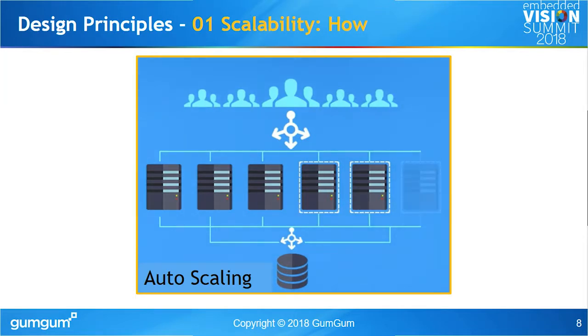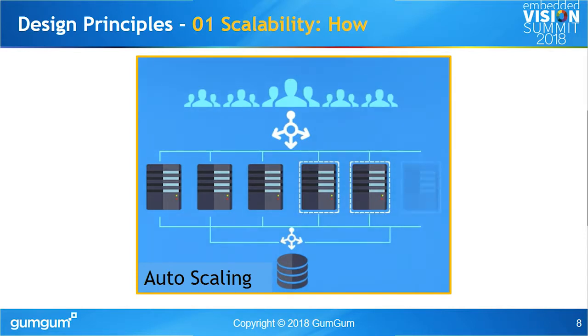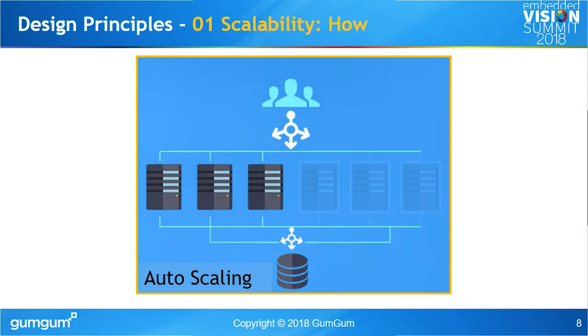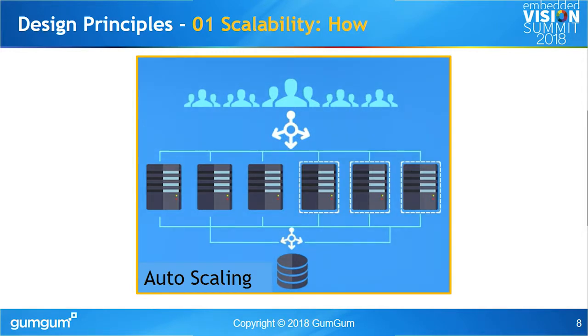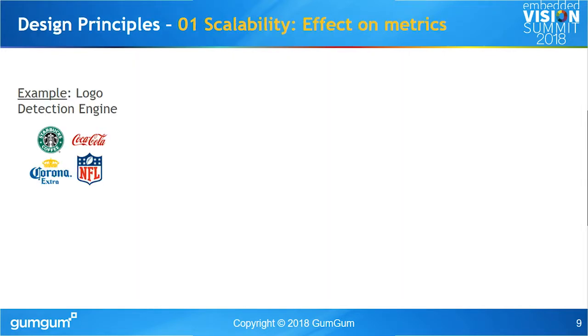Now, before we move on to the next design principle, I'd like to quickly circle back on performance metrics. And again, I want to refer to Mike's presentation because this is really important. Say we had to design a system to detect logos, say just these 4 logos, in social media.